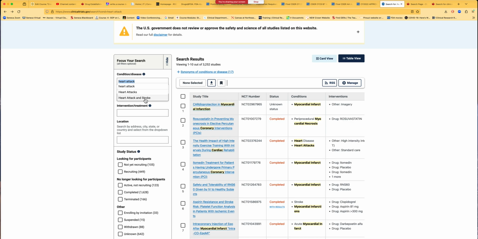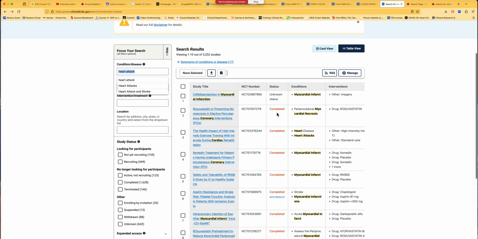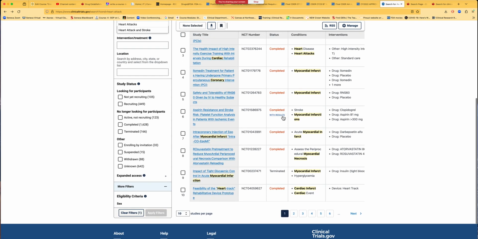I could have chosen heart attack and stroke. For the heart attack, I found out that from the database I have 3,252 studies. Some are completed, as you can see. Some have no status, are unknown, because the person in Reg Affairs or Clinical Research departments didn't come here to update. They should have updated this. We also have studies with results.